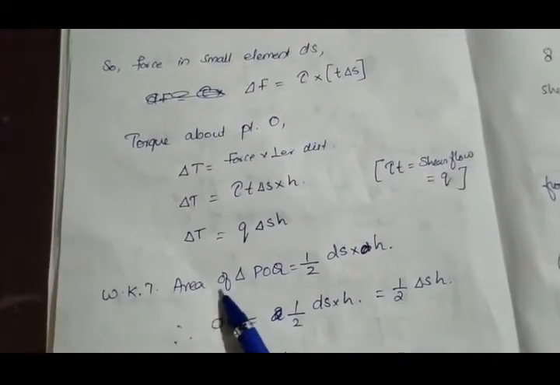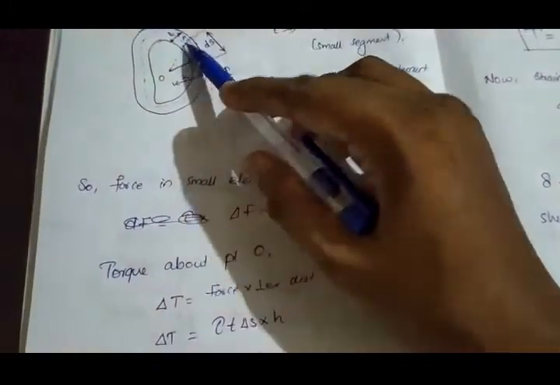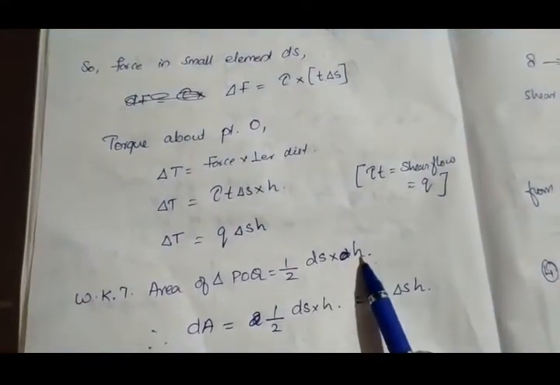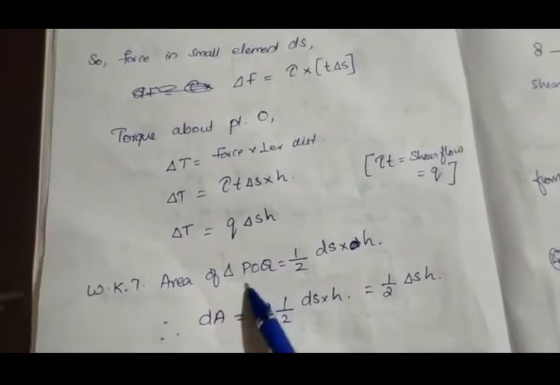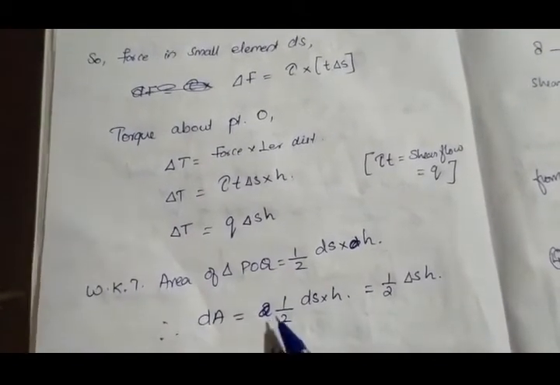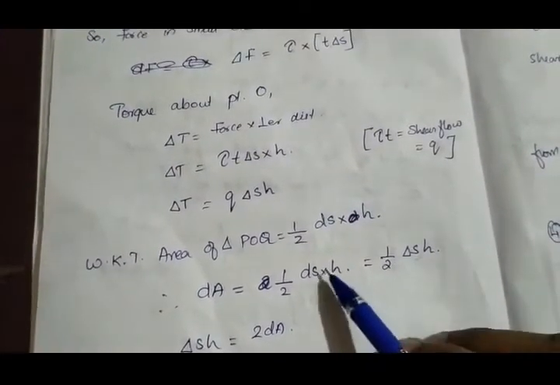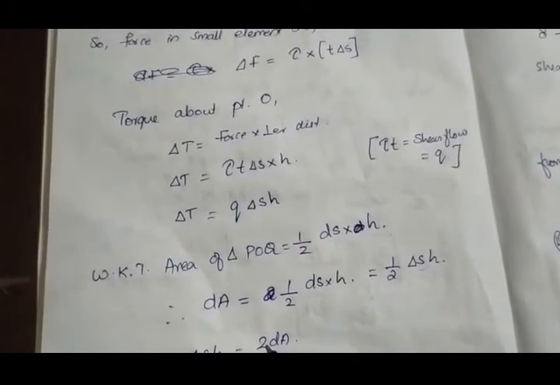Before that, the area of triangle POQ is half into ds into h. So that small area is dA equal to half into ds into h. Delta s h is nothing but 2 into dA.